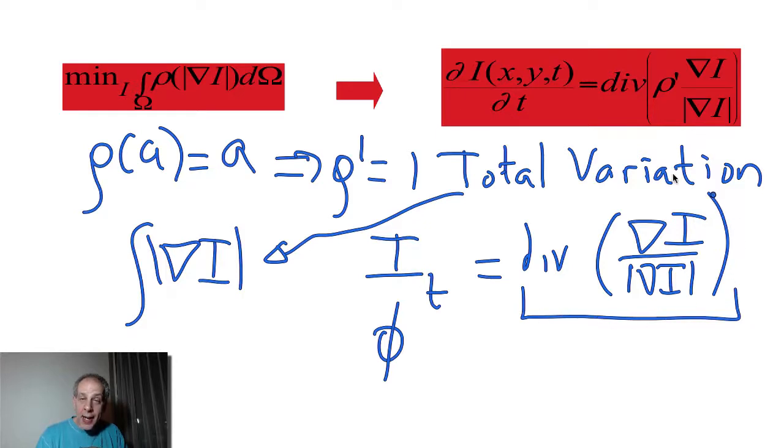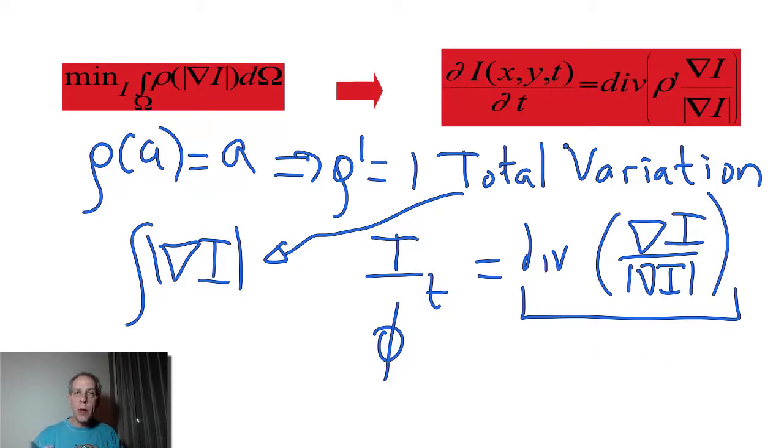Now, this is the curvature of every level line of the image. So we are considering the image as a surface, and we are deforming the image. We are doing a diffusion of the image in such a way that it's moving according to the curvature of the level lines, and that's getting us anisotropic diffusion.